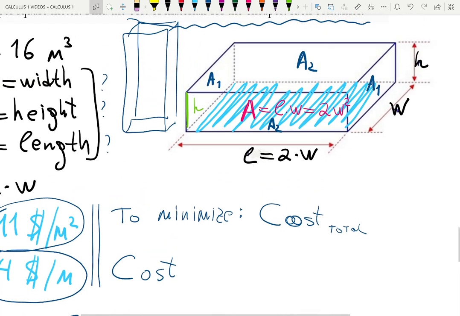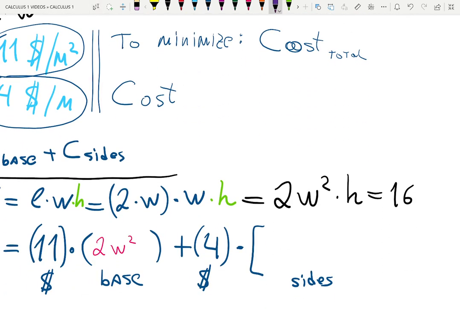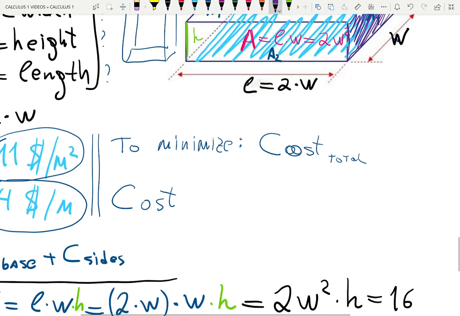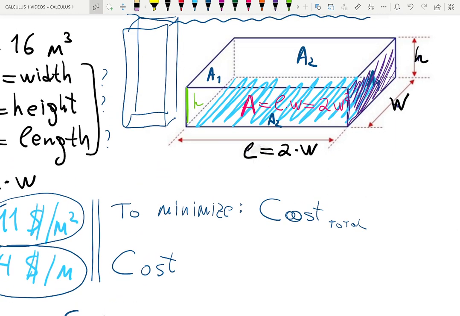What is the area of this beautiful side on the right? It is height times width. So let's write this down: height times width, and there are 2 of them, right? So times 2. Plus, what is the area of the front or the back? Well, this one will be 2 widths times height, because it's length times height this time.